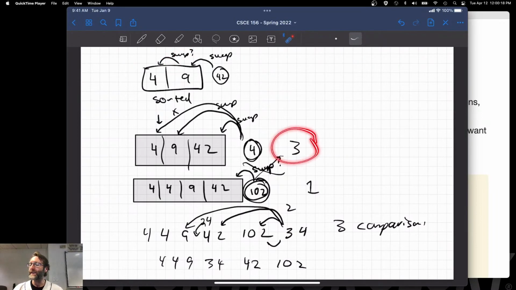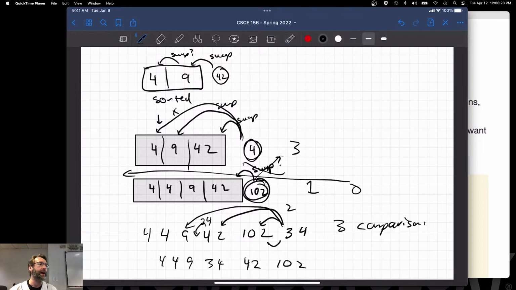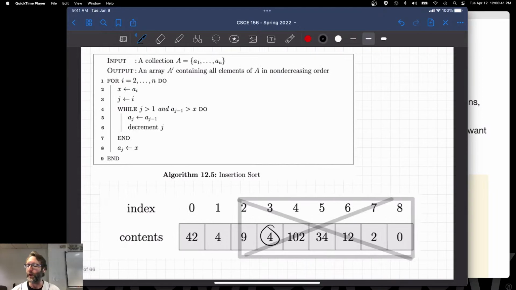In other words, it's adaptive. Sometimes it takes only one comparison. Sometimes you might have to, for example, if I needed to insert 0 next, I would have to shift that all the way down to the end. In which case I have to do i minus 1 comparisons if I have i elements in this array so far, right? That's what the pseudocode is doing here.